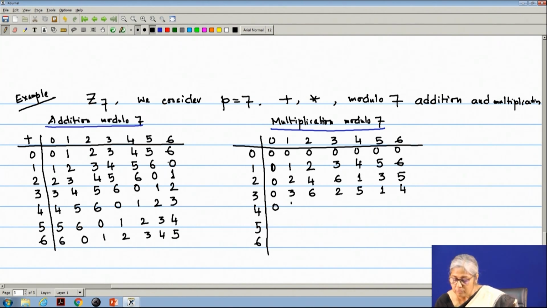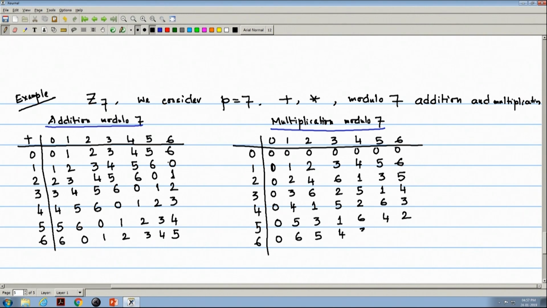Now 0, 4, 8, so it is 1, then 12, it is 5, 16, it is 2, 16 modulo 7, remainder 2, then 20, so it is 6, then it is 3, 5 modulo 7, 5, 3, 1, 6, 25, so it is 4, then 30, so it is 2, 6 modulo 7 is 0, then 12, so it is 5, 4, 24, then 30, so 2, then 36, so it will be 1.